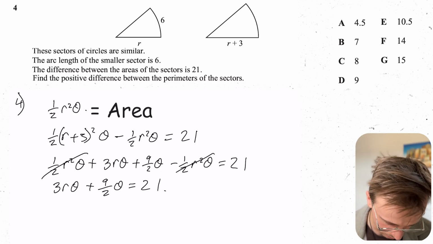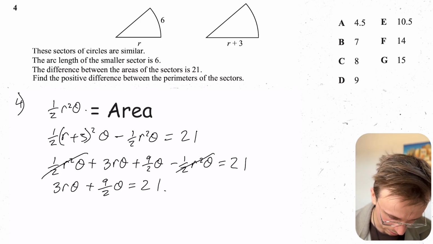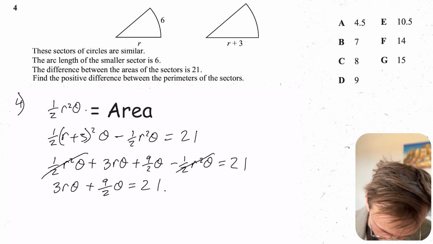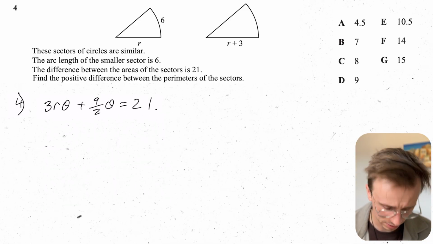What do I want to work out? I want to know what r theta is, because that tells me my angle. And find the positive difference between the perimeters of the sectors.